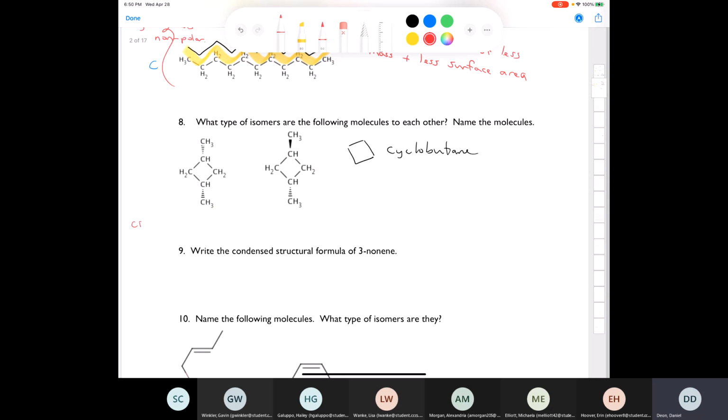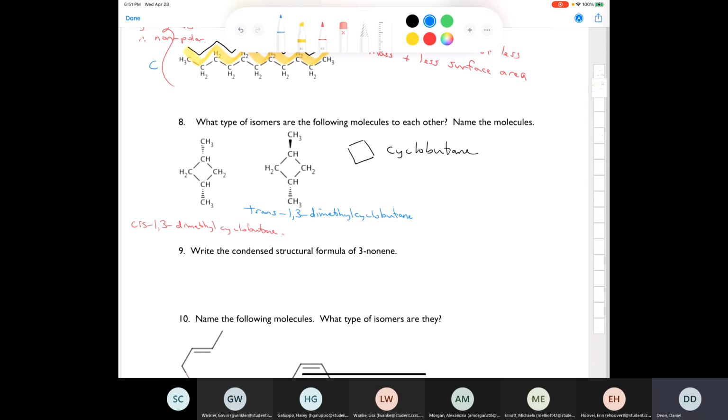So this would be cis 1,3-dimethylcyclobutane. And the other molecule would be trans. So this is trans 1,3-dimethylcyclobutane.